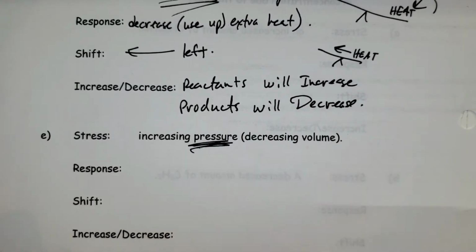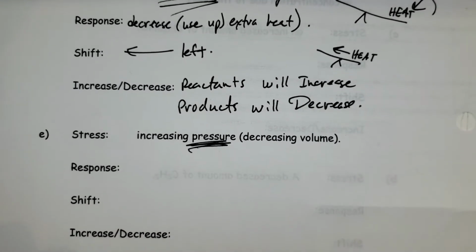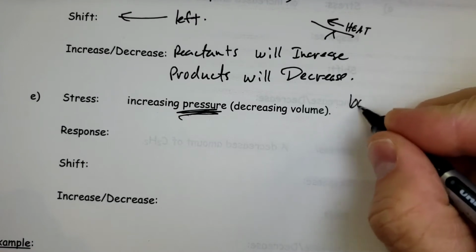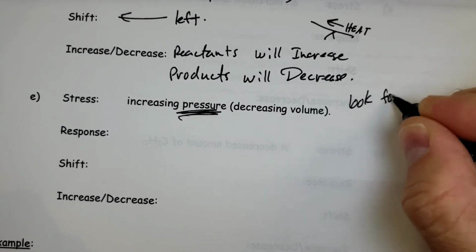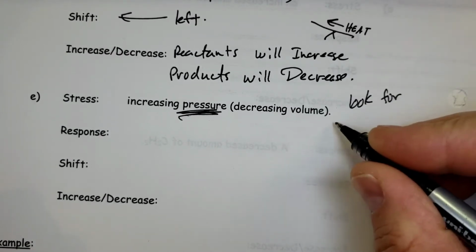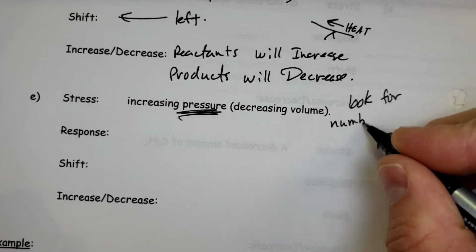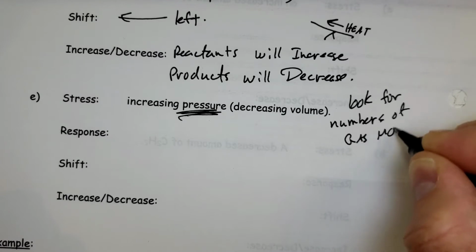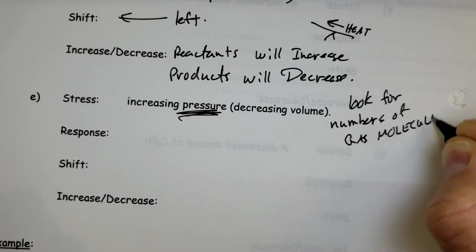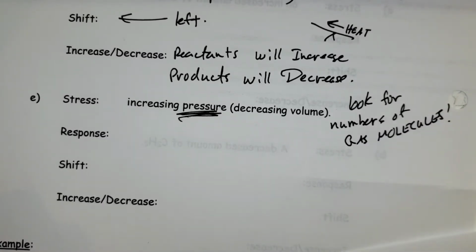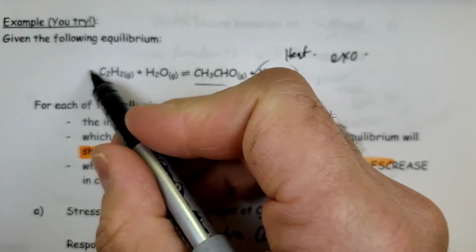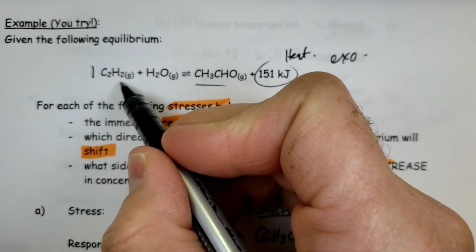Increasing pressure. All right, so the tricky one. Now with pressure, look for numbers of gas molecules. So look over here. If I look over here, I have one C2H2 gas molecule.